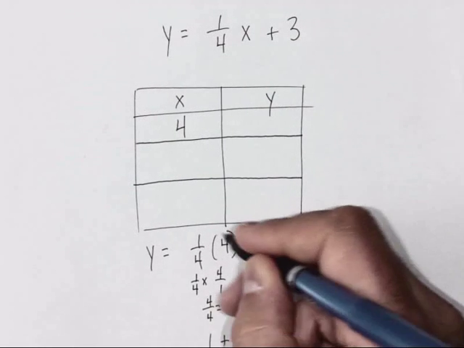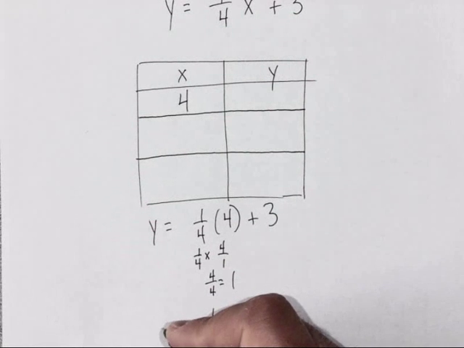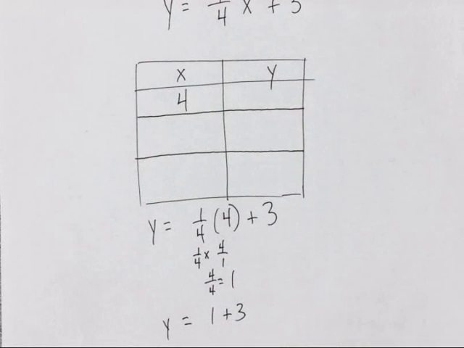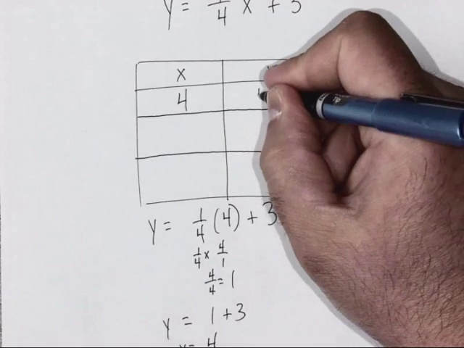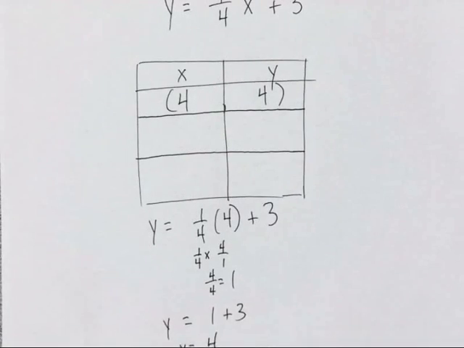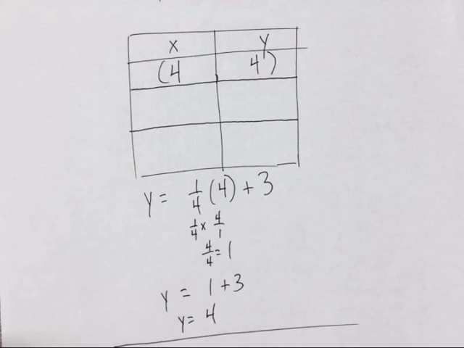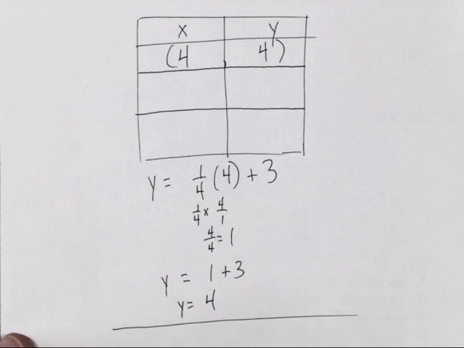So this whole thing turns into a whole number, which is really nice. So then I get y equals 4. So then (4, 4) is an ordered pair on the graph of our linear equation. Alright, so that worked out really nice. No fractions, numbers aren't too big.